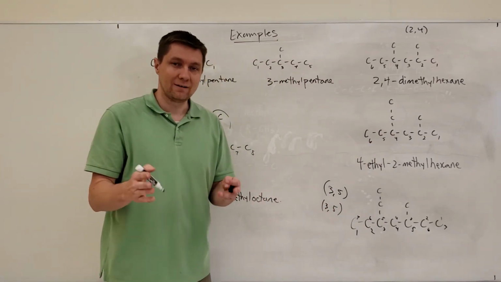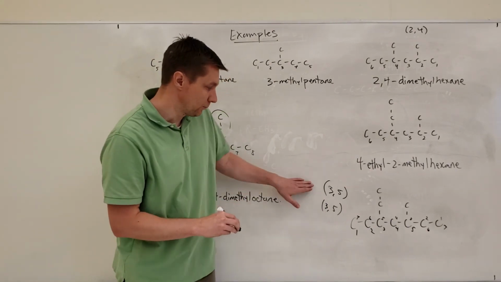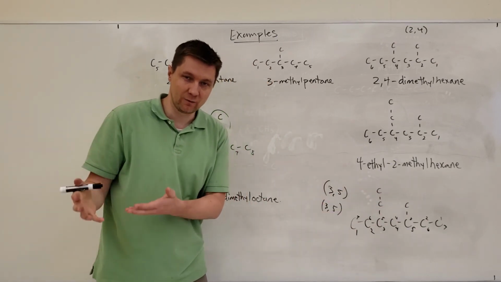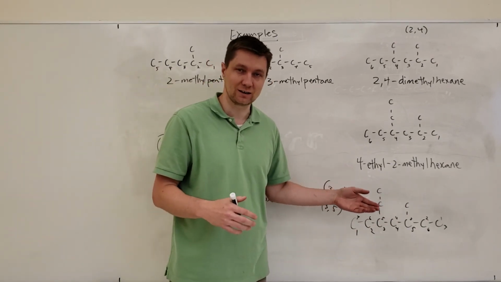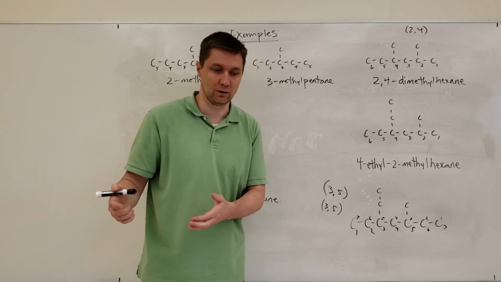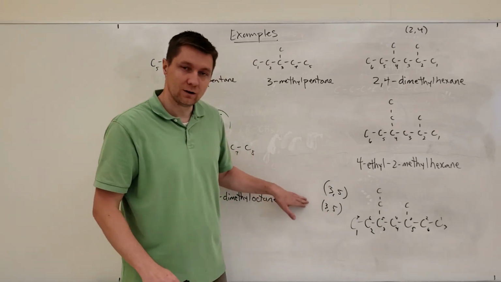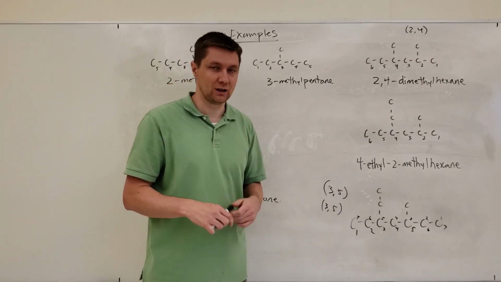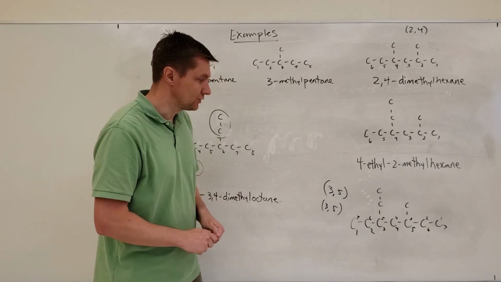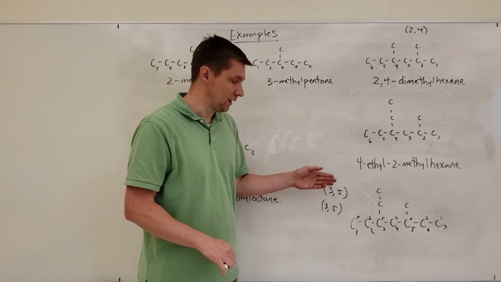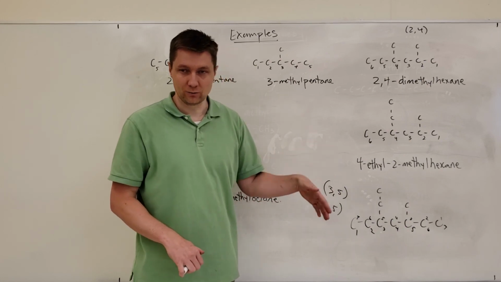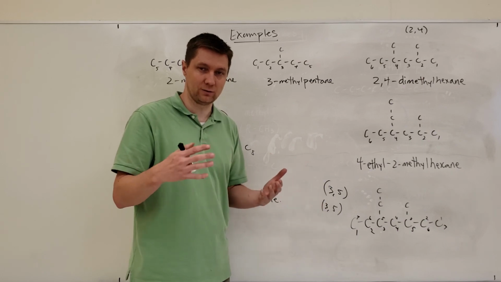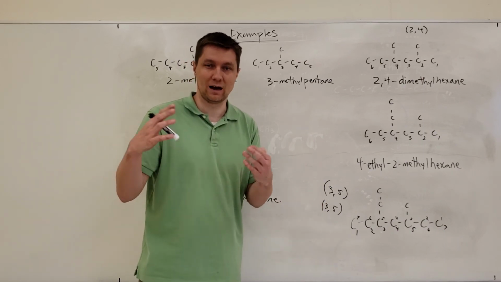So you do have to be careful with this one, because if the number sets are the same, but the branches are different, then the one that comes alphabetically first, you need to make sure that you're selecting the numbering system that gives that one the lower number. That's only if the numbering system ends up being the same for both branches, no matter which way you number the parent chain. So in this case, I could name it 5-ethyl, 3-methyl, but I'm not going to, because I can give the ethyl the 3 and the methyl the 5. And so if I can do that, I will do that.